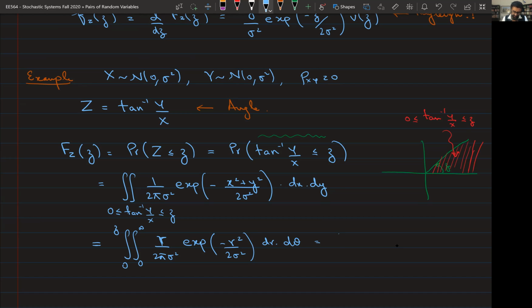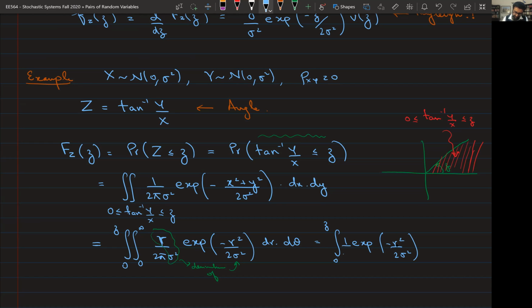This is not too hard. This is 0 to z, right? And then I observe this r divided by sigma squared, which once again is the derivative of this thing here, right? And that makes my life easy, right? So this becomes e raised to power minus r squared by 2 sigma squared.